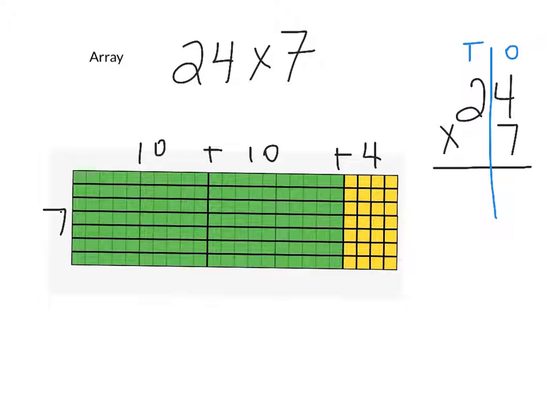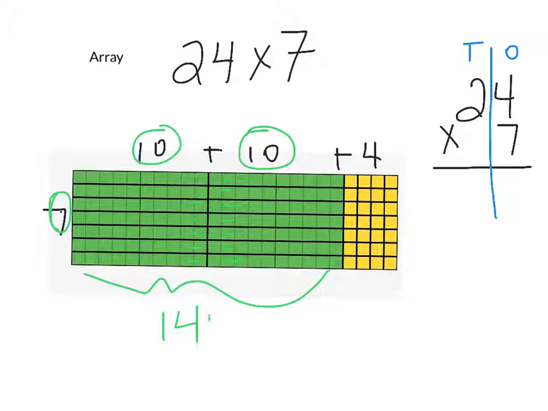I have the 7 times the 20, which is this green block. So I have 1, 2, 3, 4, 5, 6, 7, 8, 9, 10, 11, 12, 13, 14 tenths. So 140.